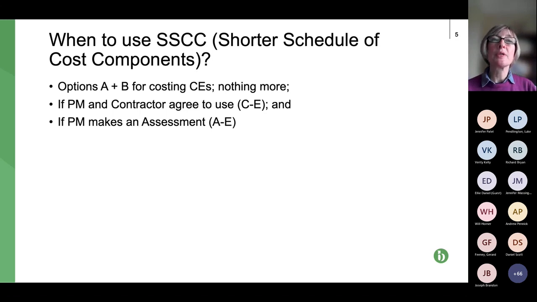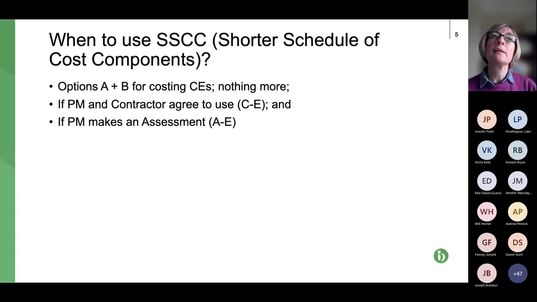And also, if the project manager makes an assessment. So we saw what that was last week, where the project manager decides that it doesn't accept the quote for a compensation event that's been submitted by the contractor. So it'll make its own assessment, usually a reduced amount of money and or period of time if time's included.